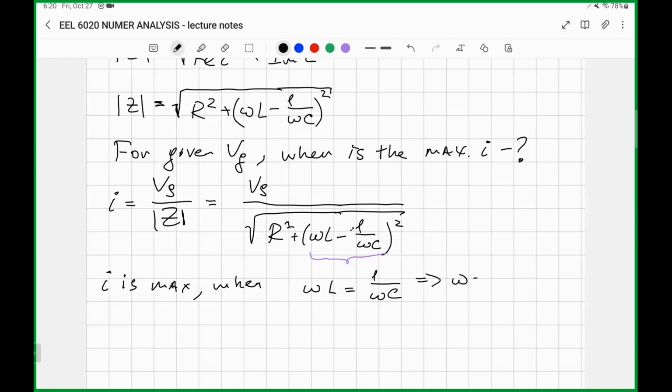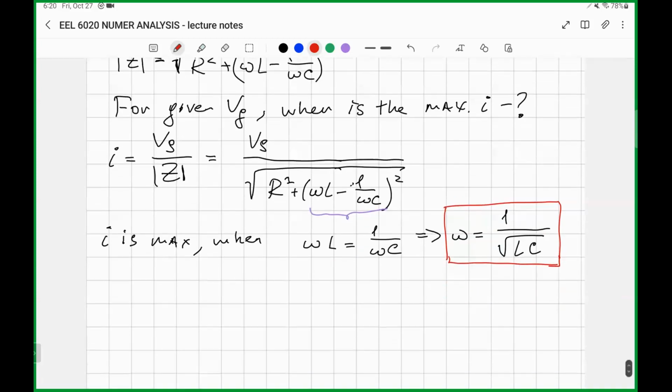From this I conclude that ω is equal to 1 over the square root of LC. So this is the famous Thomson's formula for the resonant frequency of a resonant circuit. Okay, and when it happens, this I max is equal to the generator voltage over R.